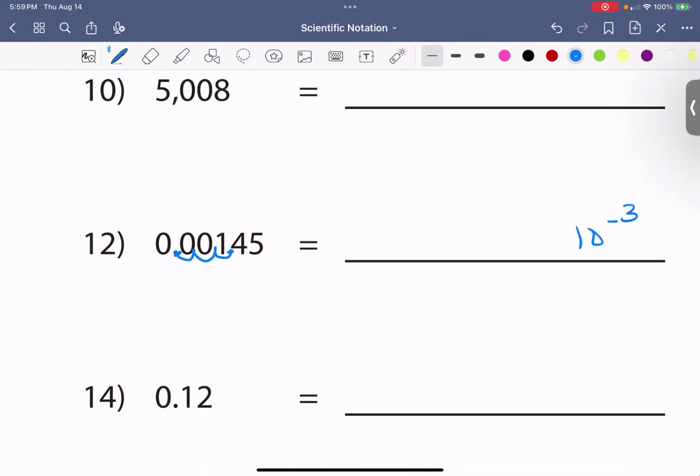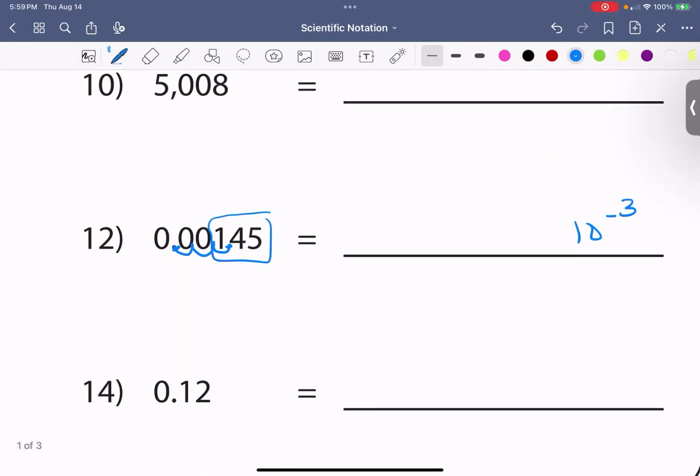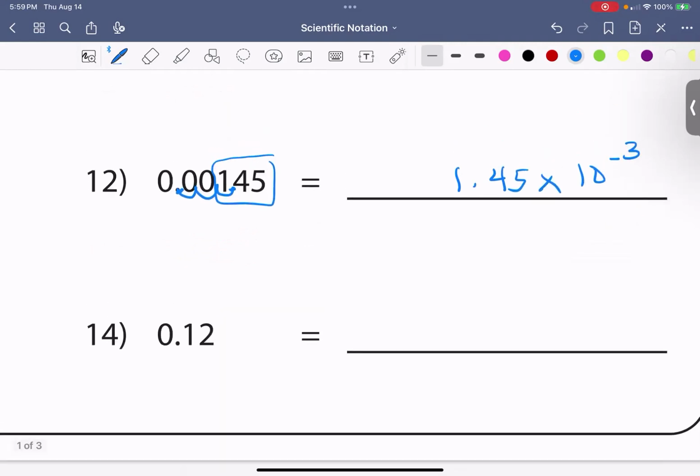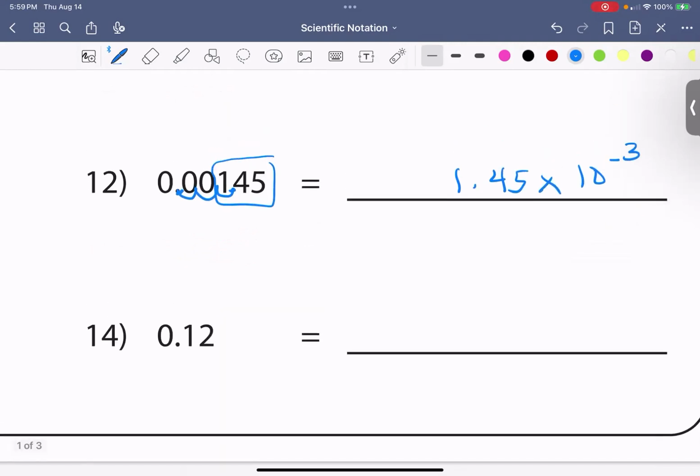And we're going to write the remaining number, 1.45 times 10 to the negative 3. And number 14, we're going to move 1 space. So that's 10 to the negative 1. And the remaining number is 1.2. So our answer is 1.2 times 10 to the negative 1.